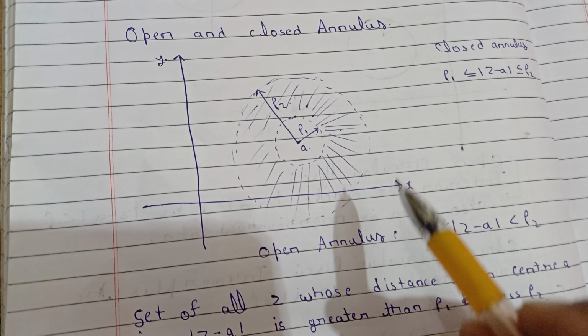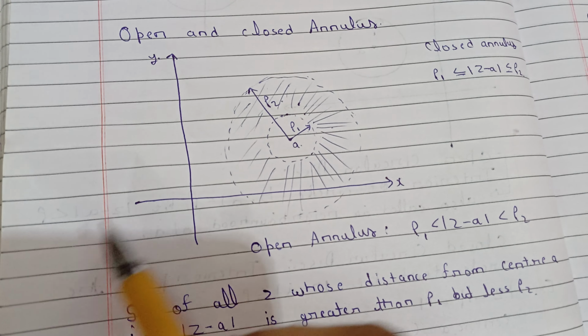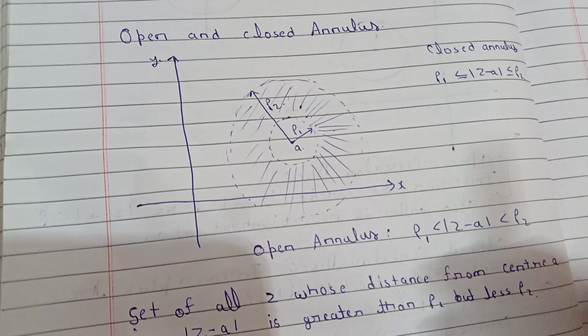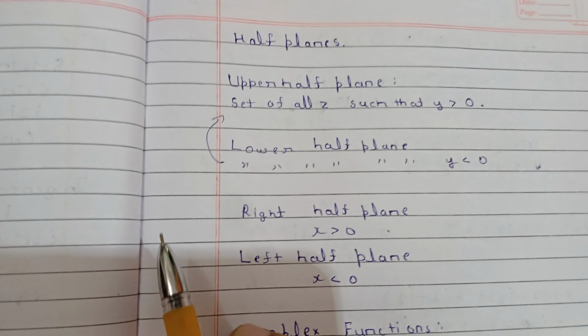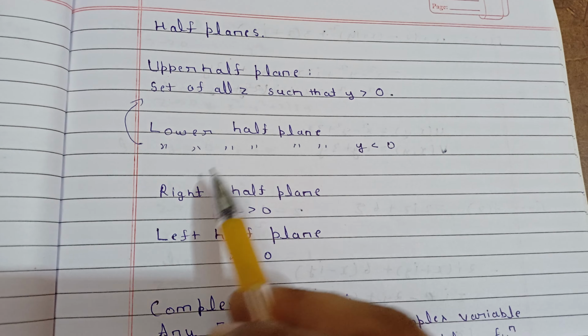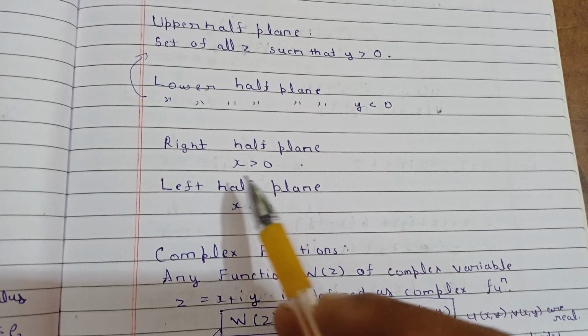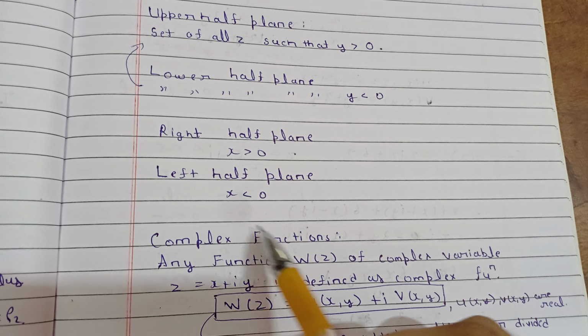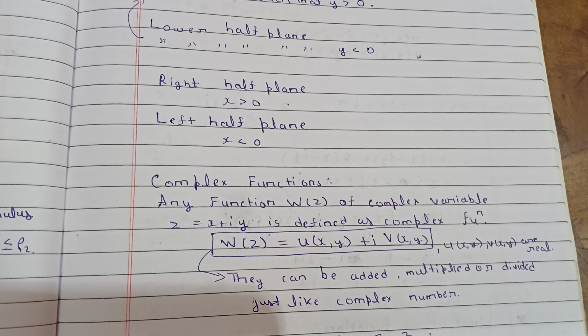The right side of the y-axis is called the right half plane, and the left hand side is called the left half plane. Okay, so that's how you define this. Upper half plane: set of all z such that y > 0; lower half, y < 0; right half, x > 0; and left half, x < 0. So remember these.